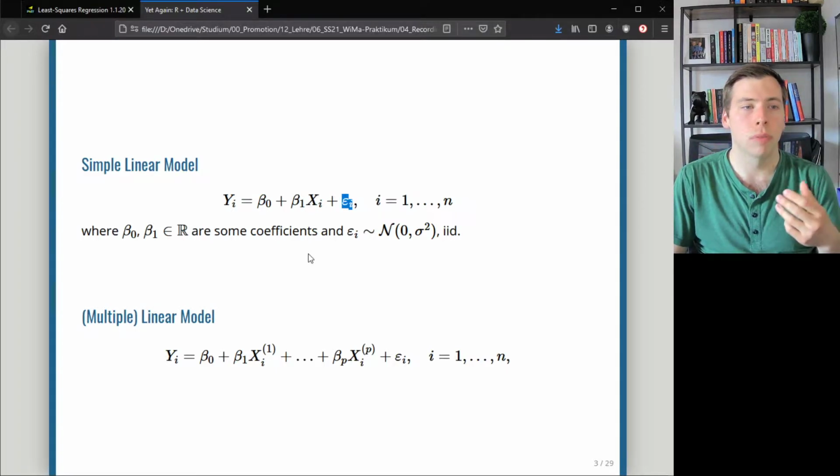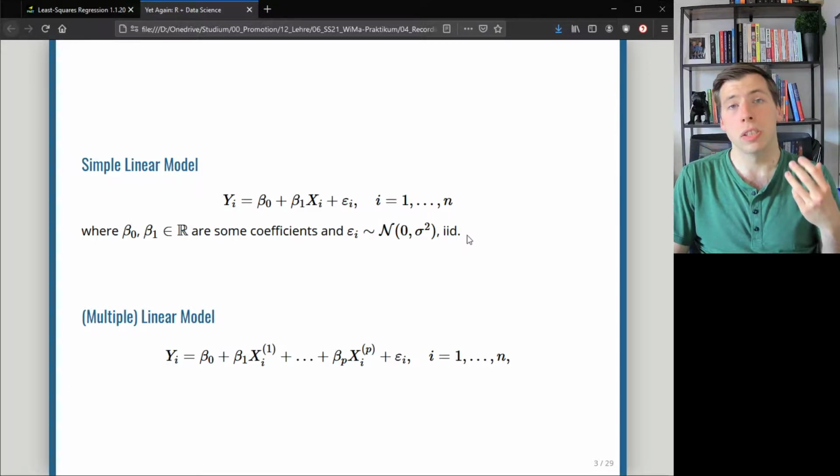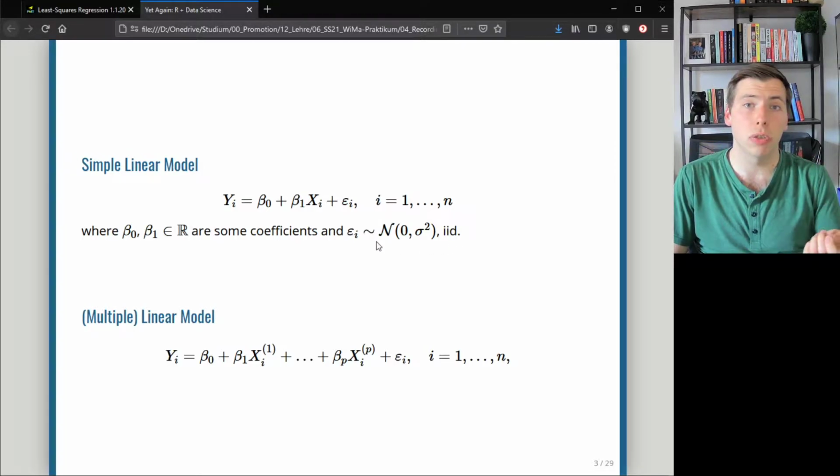Our residual is epsilon i for each observation from 1 to n, and usually we assume that the residuals are normally distributed with mean 0 and variance sigma squared.